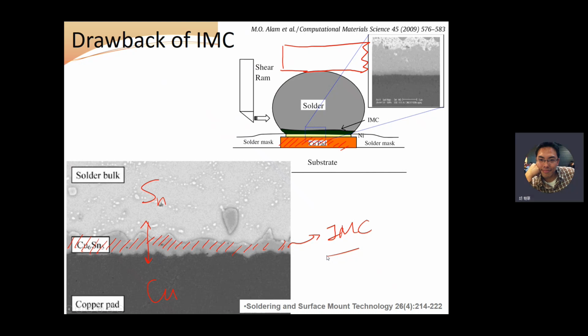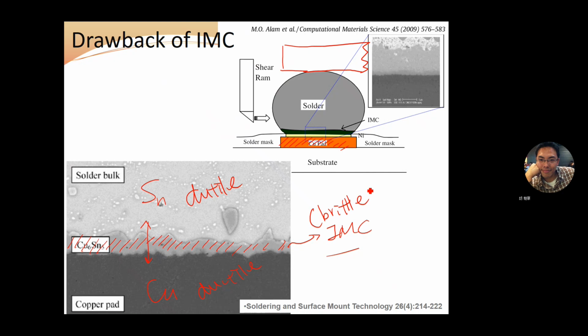So what's going to happen if you have a ceramic as an interface between two metals? You will break easily, right? Because you can imagine that the tin is quite ductile, and copper is ductile also. However, the intermetallic compound is brittle, right?